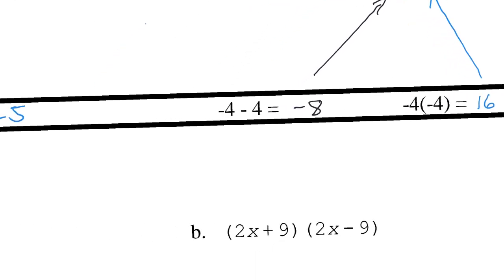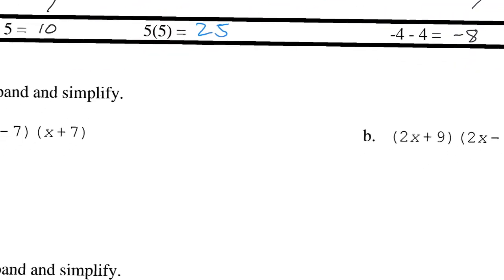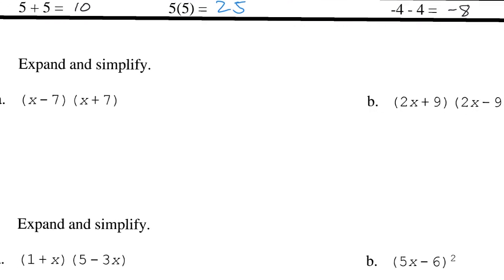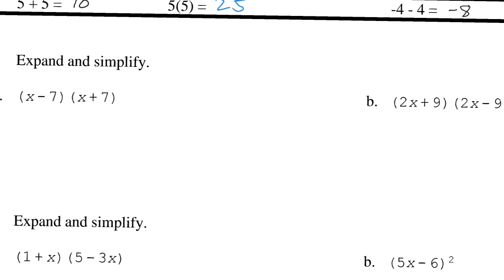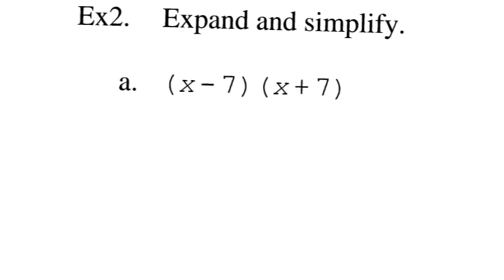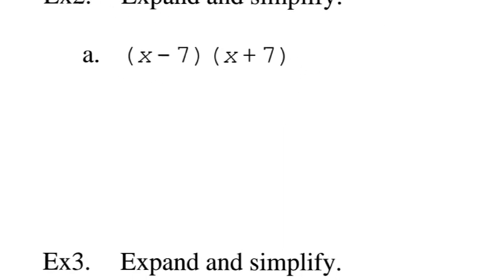Okay, so now let's move on to more expanding and simplifying of some binomials. And we're going to start with this one here. Expand and simplify x minus 7, x plus 7. So we're just going to do it. So x times x, and then x times 7, which gives us x squared plus 7x.